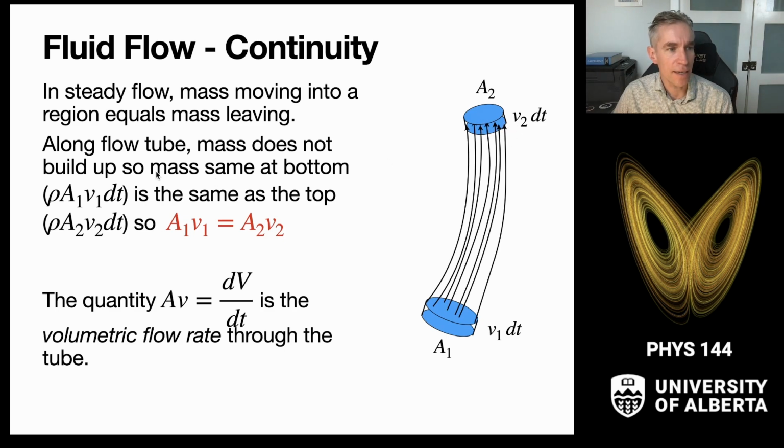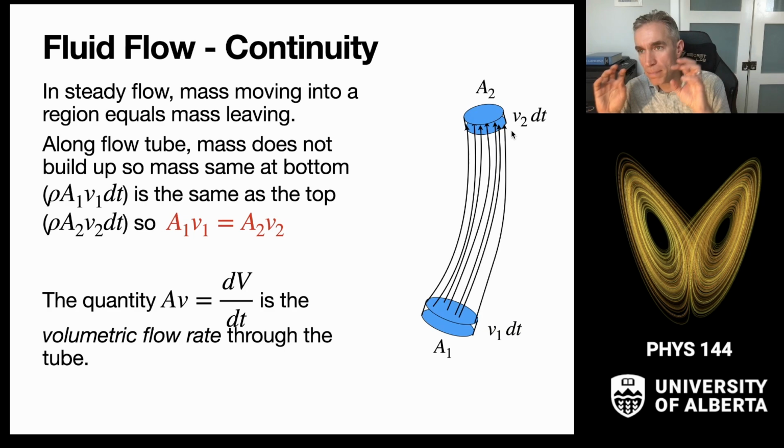at a given time. So basically the amount of mass here, A1 times this little thickness here, is going to be a volume, and that's the velocity of the fluid flow times time. And that's going to be equal to the same kind of construction, area times V dt, later in time.